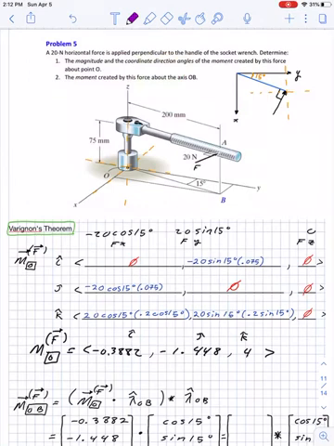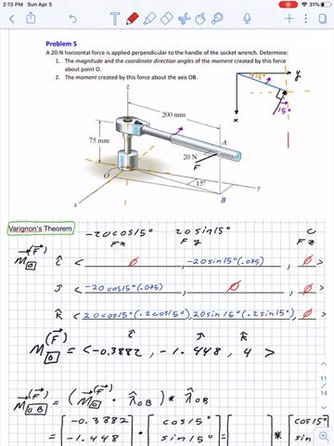And what would happen if we got this arm right here and we rotated it that way? Well, as this angle approaches 0, this angle right here would approach 0. So that means that this angle and this angle would be the same angle.